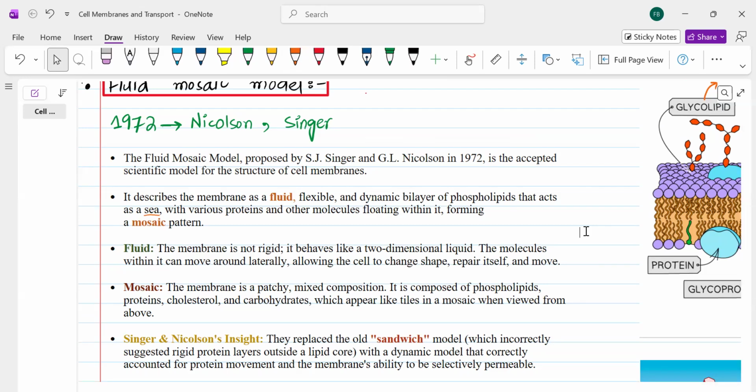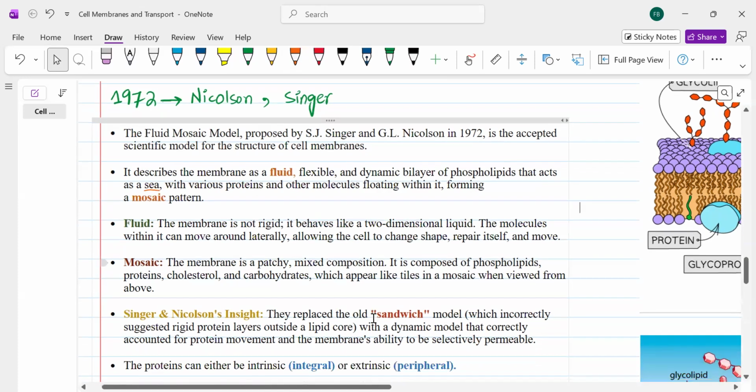And it is mosaic, meaning the membrane is patchy and it appears as tiles if you see from above. It looks like the tiles in a mosaic when you view from above.